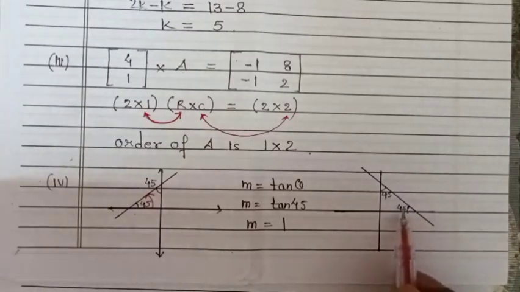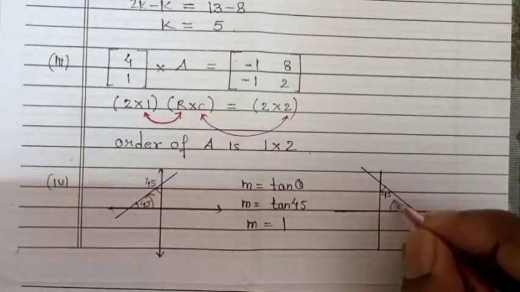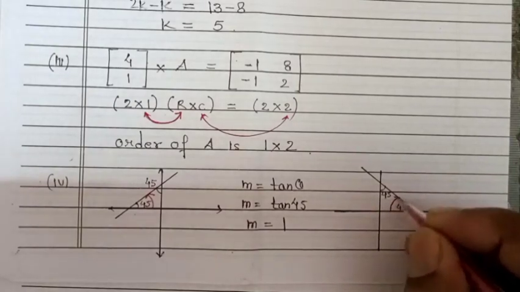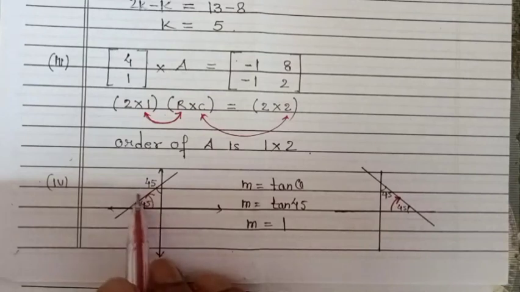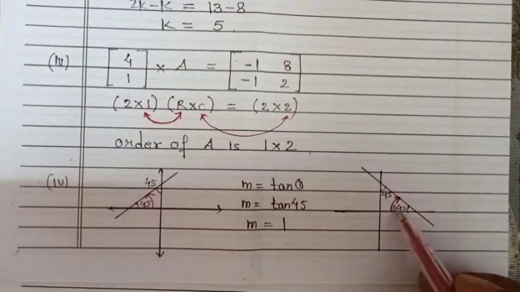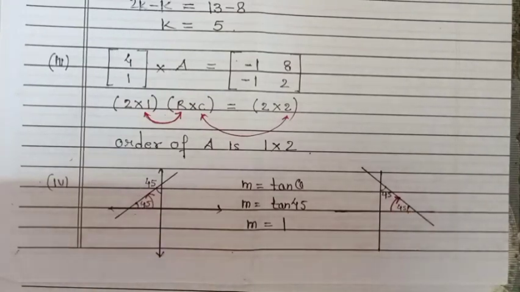Now this time the line is making an angle of 45 degree in the clockwise direction. See this angle, same angle, here it was 45, here also it is 45, but the difference is that here the angle is in the anti-clockwise direction, whereas here the angle is in the clockwise direction.